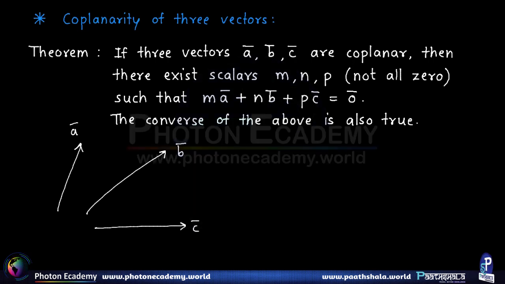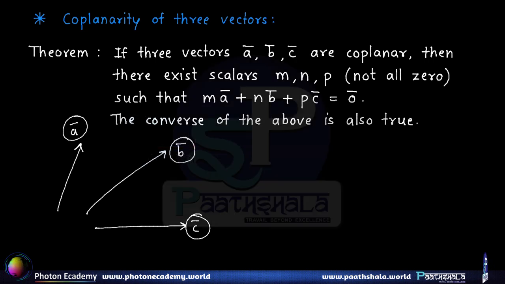Now if three vectors are coplanar, then using one of the previous results we can definitely express one vector, say b bar, as a linear combination of the remaining two vectors, that is a bar and c bar, because we can easily construct a parallelogram, correct, like we did earlier, and we can get the respective scalar multiples as the sides of the parallelogram.